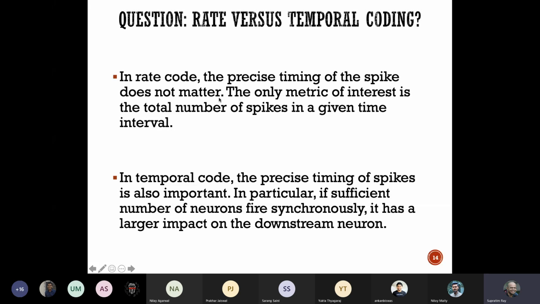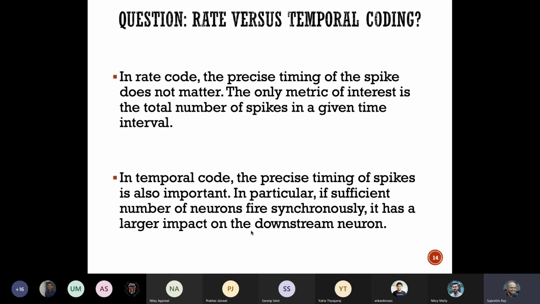So in the rate coding scheme, the precise timing of the spike doesn't matter. The only metric of interest is the total number of spikes. As opposed to that, there's a temporal coding scheme in which the precise timing of spikes is also important. And there's a reason behind that, because a bunch of neurons from V1 will be connected to one neuron in V2, right? If a V1 neuron fires a lot of action potentials, that may cause the V2 neuron to also fire, so the V1 neuron has carried its information to V2.